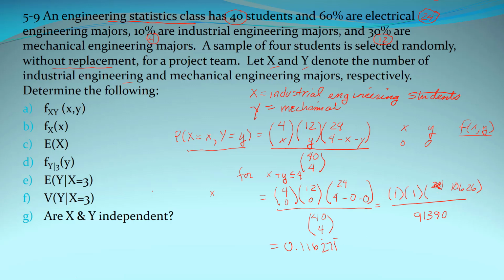So we've got that number, and basically what we've got to do is calculate this for every single possibility.